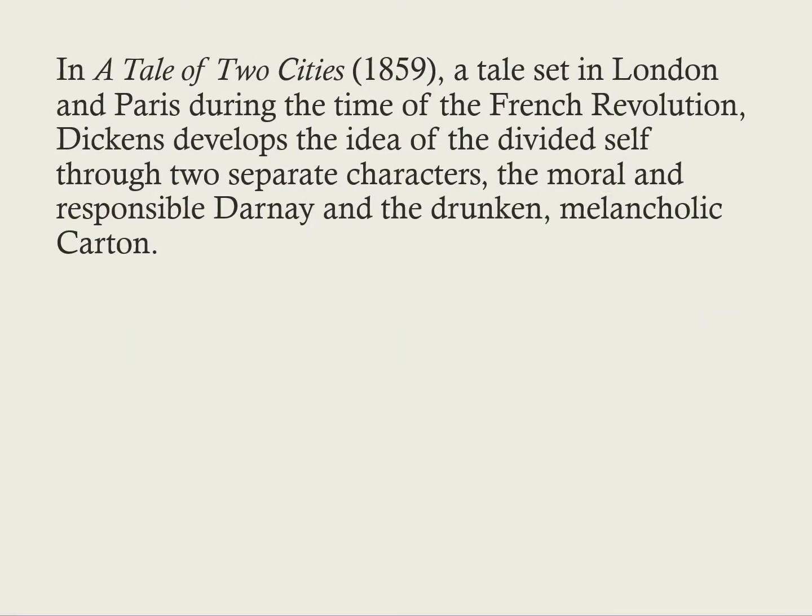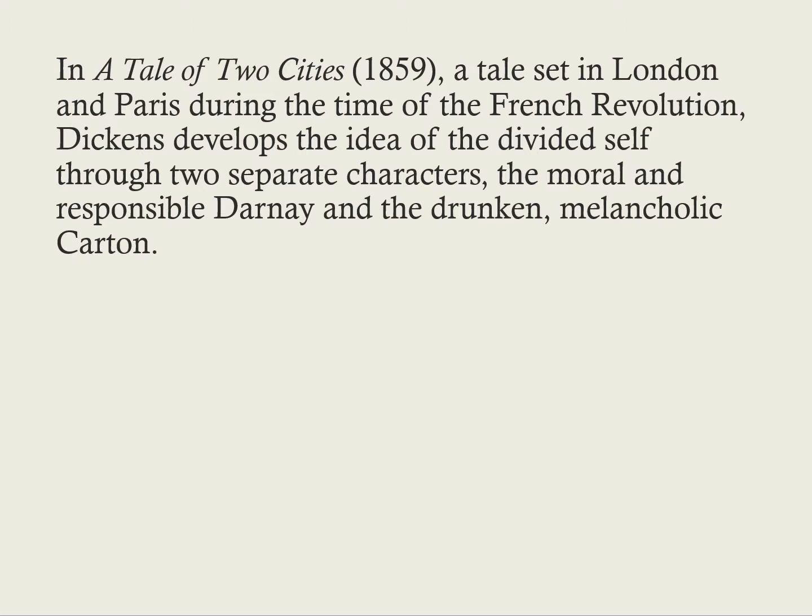Again, in A Tale of Two Cities, Dickens shows the same thing. At the time of the French Revolution, remember we talked about the French Revolution two or three times in the classes so far. We've got two people who look very similar, a doppelganger type situation, except that one of them is a very good guy and the other one is not a very good guy.